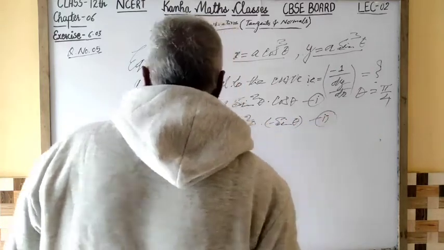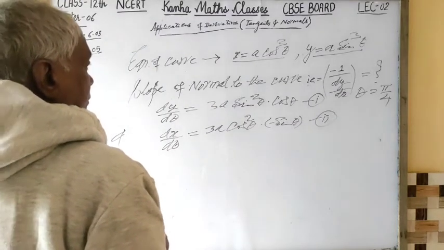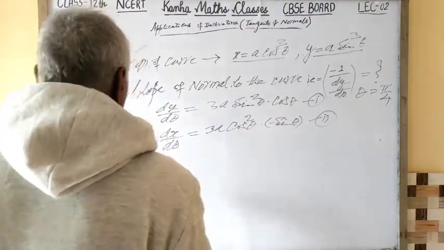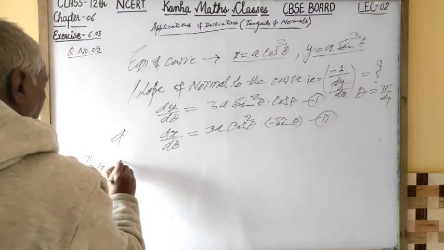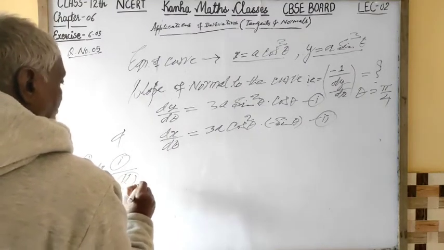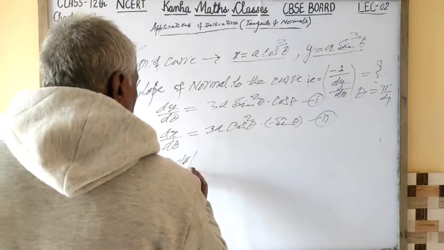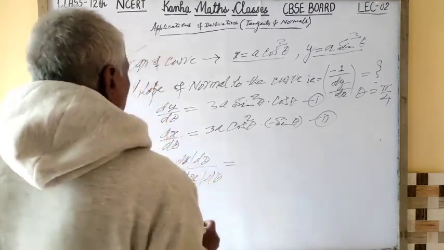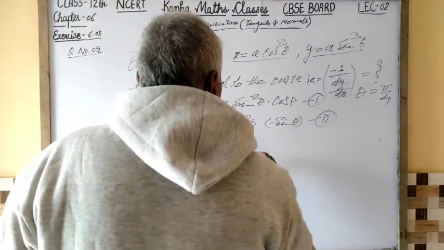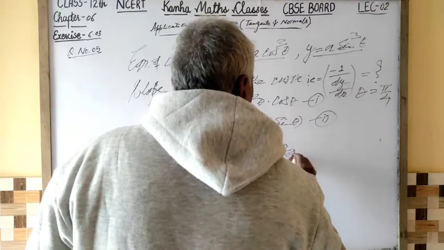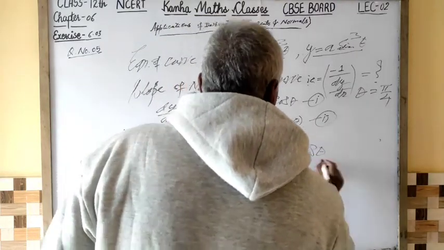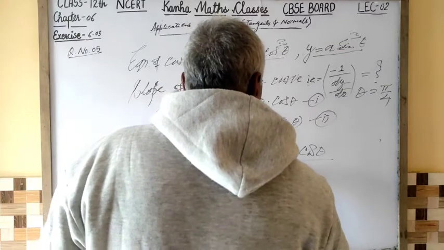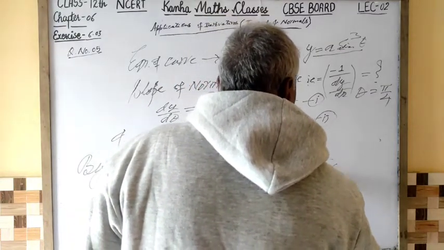This is equation 2. To find dy by dx, it will be easier to divide equation 1 by 2, that is dy by d theta upon dx by d theta, which is 3a sin square theta into cos theta upon minus 3a cos square theta into sin theta.